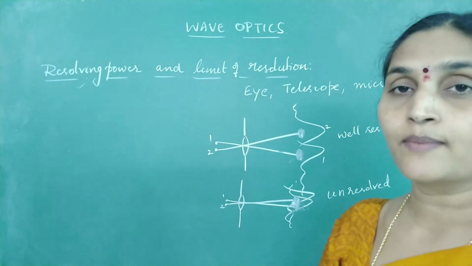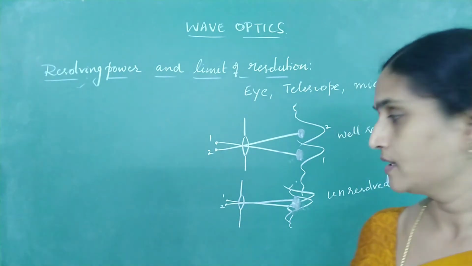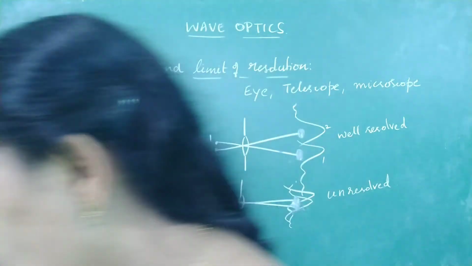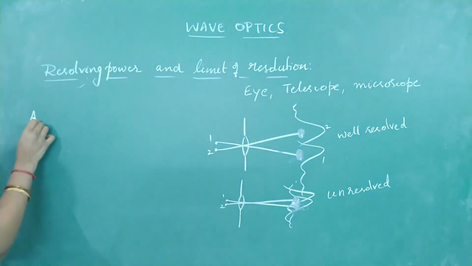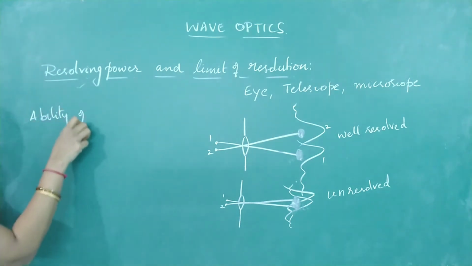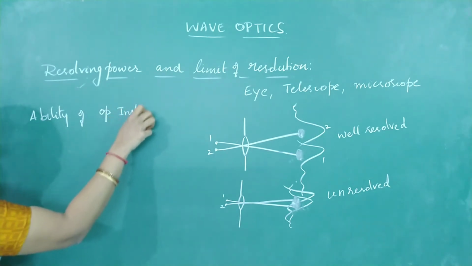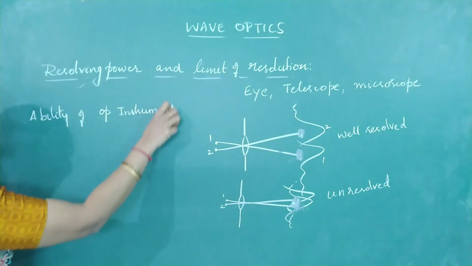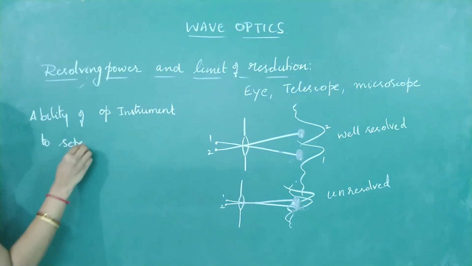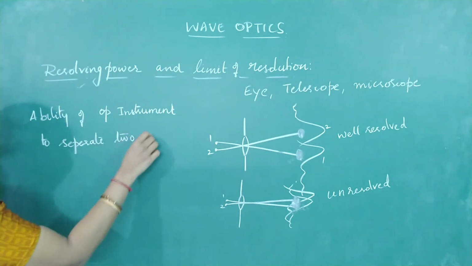Now from these 2 examples, tell me, what do you mean by the word resolving power? The word resolving power is actually defined as the ability of an optical instrument to separate two closely spaced objects.